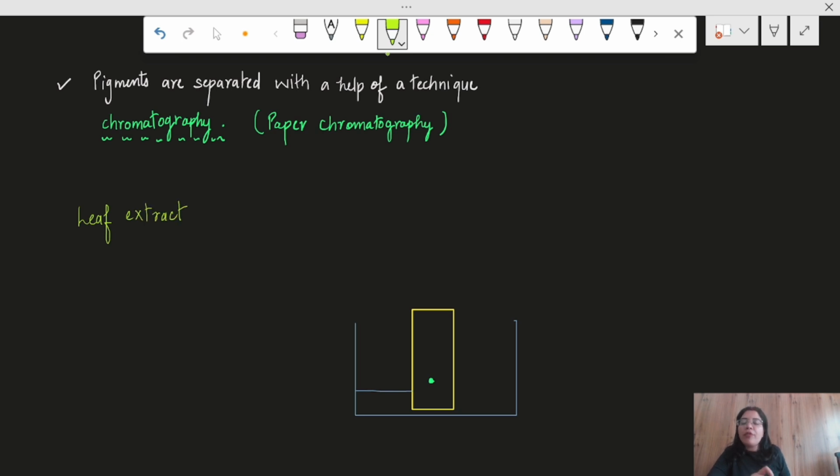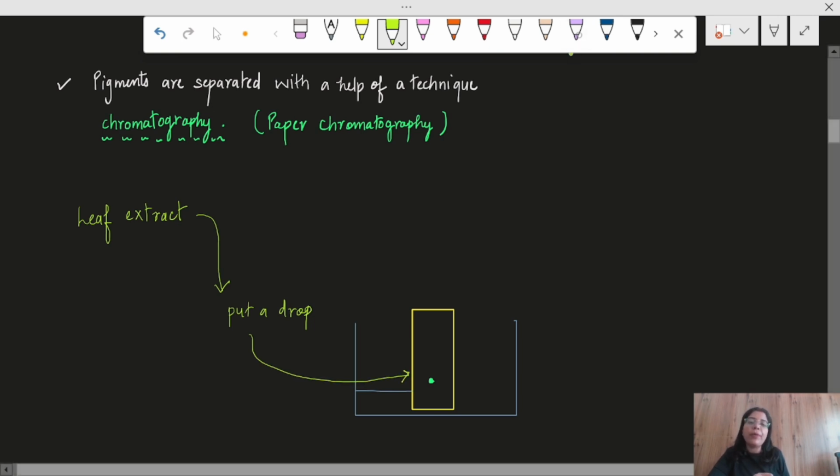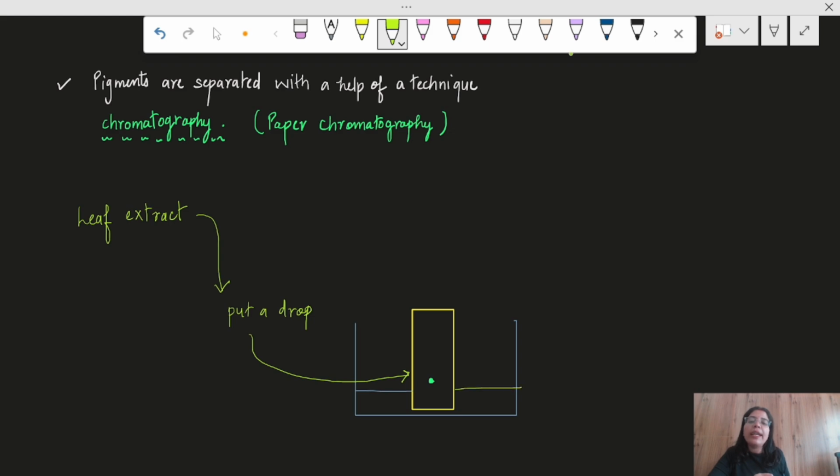After crushing the leaf, we make leaf extract, and then we put a drop of that extract with a dropper on this chromatographic paper. You don't have to learn the entire technique, but at least you should know how we understood about different types of pigments.